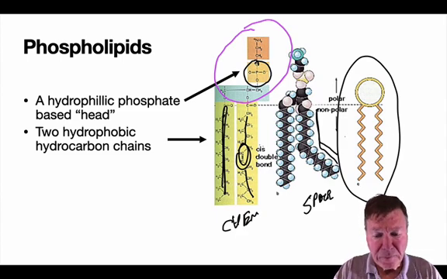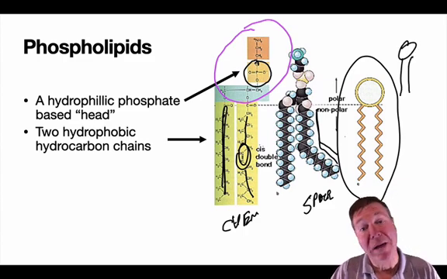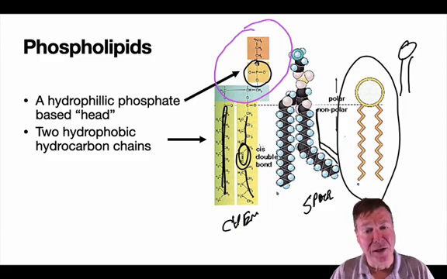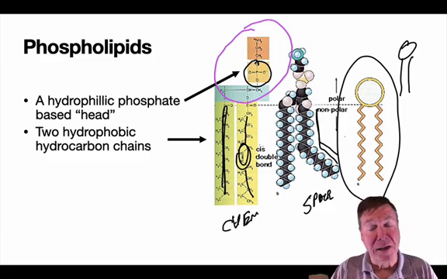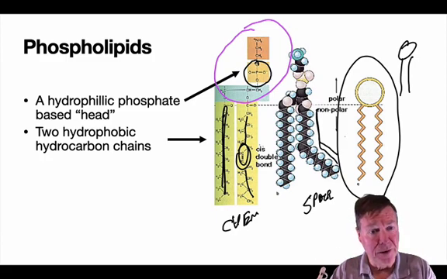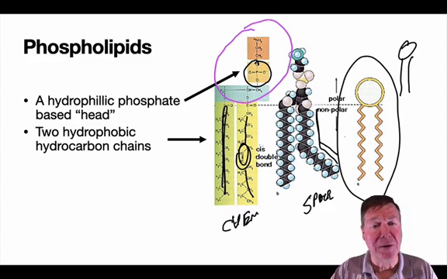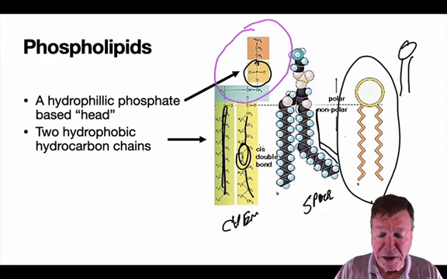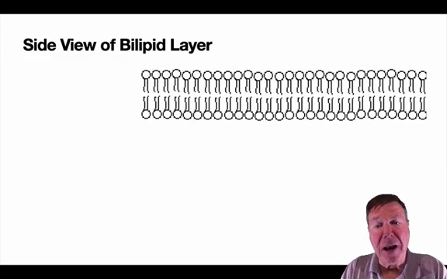What we usually draw is this on the far right: a simple circle with maybe a little wavy line, 2 little wavy lines. So if you see that, we're talking about a phospholipid. You've got a hydrophilic head, which is attracted to water, and the hydrophobic hydrocarbon chains, which are repelled by water. That is what gives the bilipid layer its typical view.